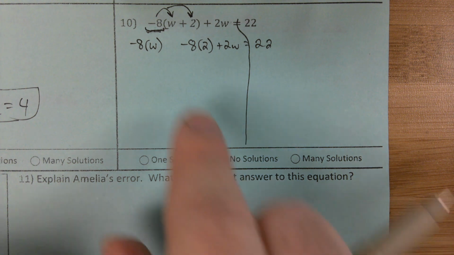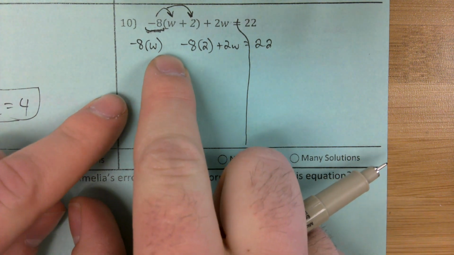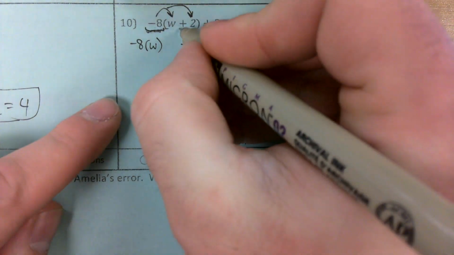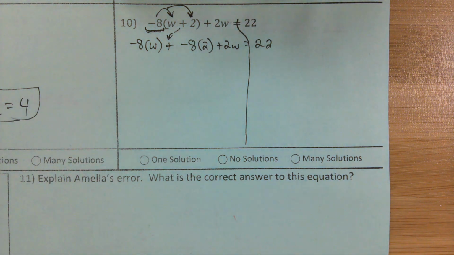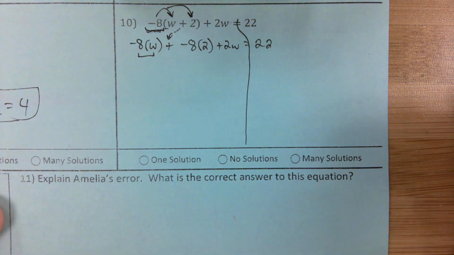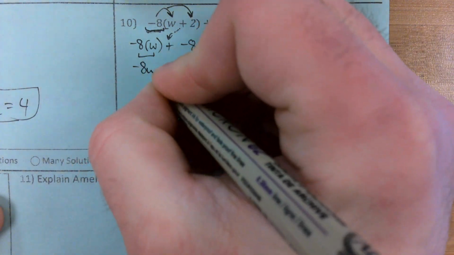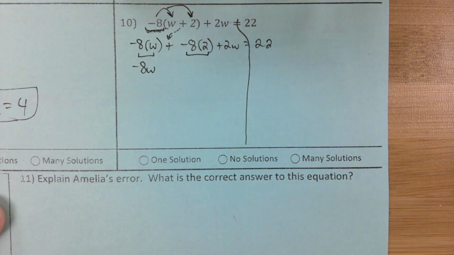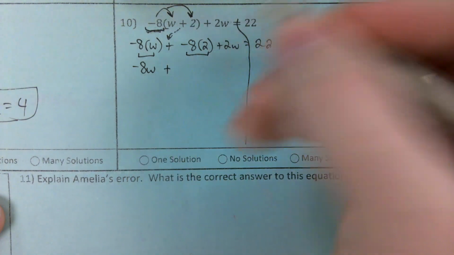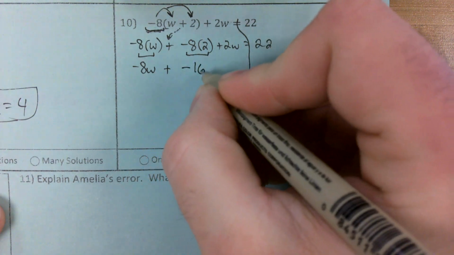What sign is going to go in between these two things? A plus sign. We take the sign that's in the middle and we bring it right down. Negative 8 times w just gives us negative 8w. But negative 8 times 2 gives us what? Negative 16, right?